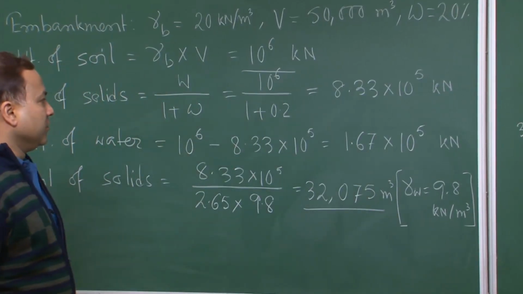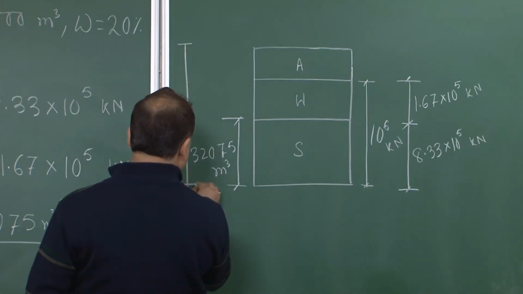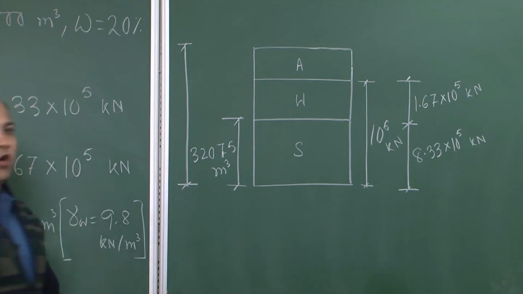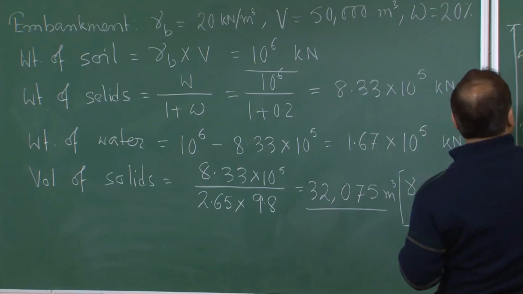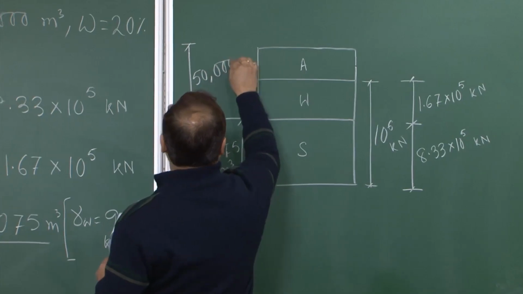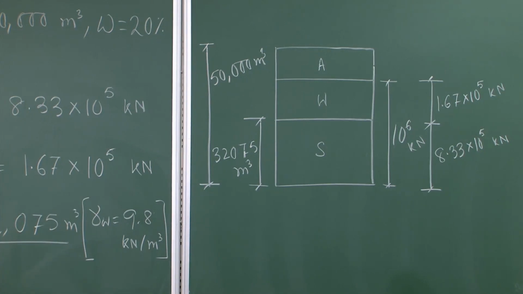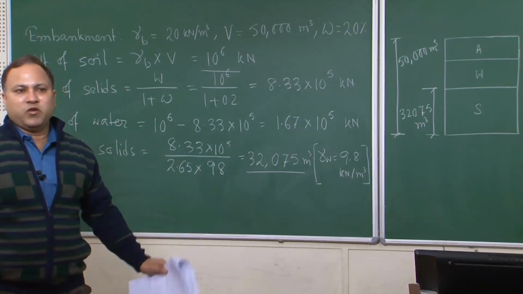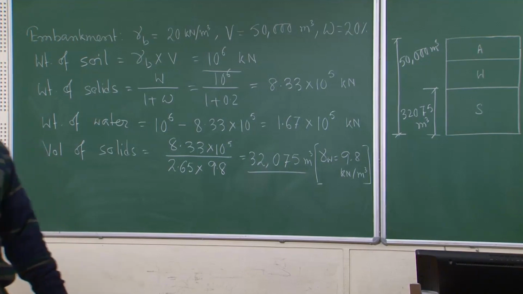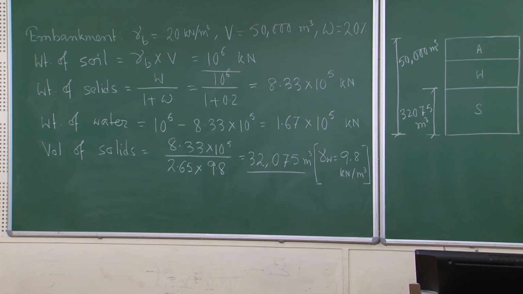The total volume, which includes the volume of air, was already given in the problem, that is 50,000 meter cube. So, this is the phase diagram. You can also find the volume of water from these values, because you know the weight of water. That is not a problem. So, this is your phase diagram for the embankment soil.